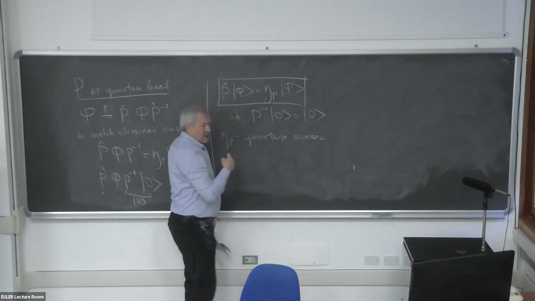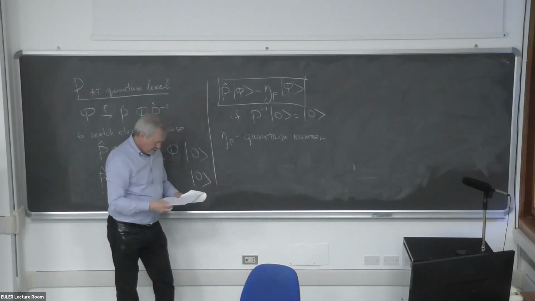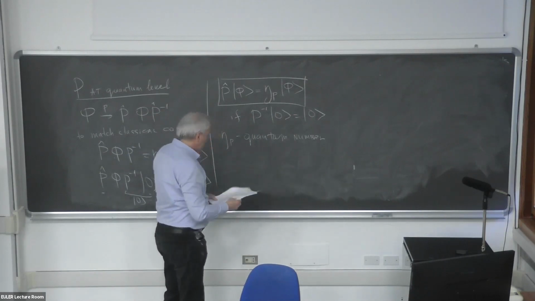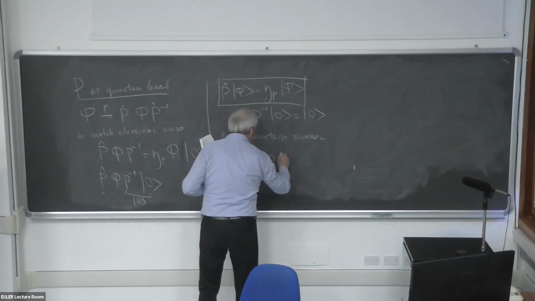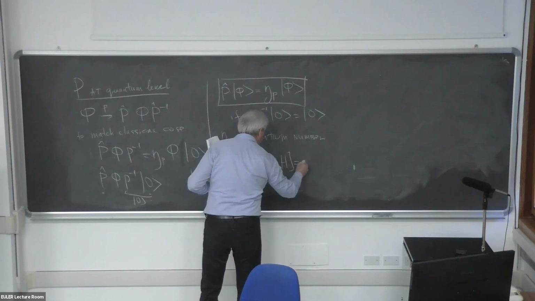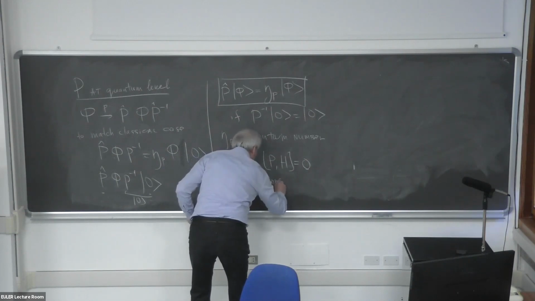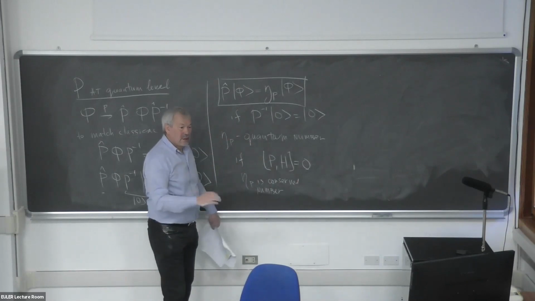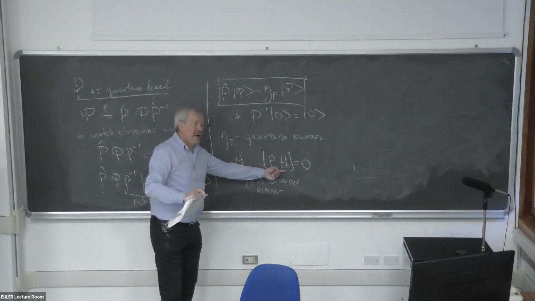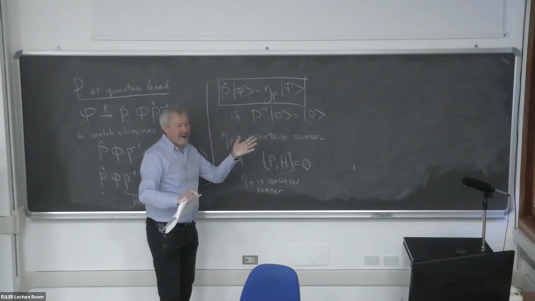And if parity is a symmetry of our theory, then this eta P is conserved. So if the Hamiltonian or Lagrangian commutes with parity, then eta P is a conserved number. Which means that in the processes driven by this Hamiltonian, the parity of the initial state should be equal to the parity of the final state.